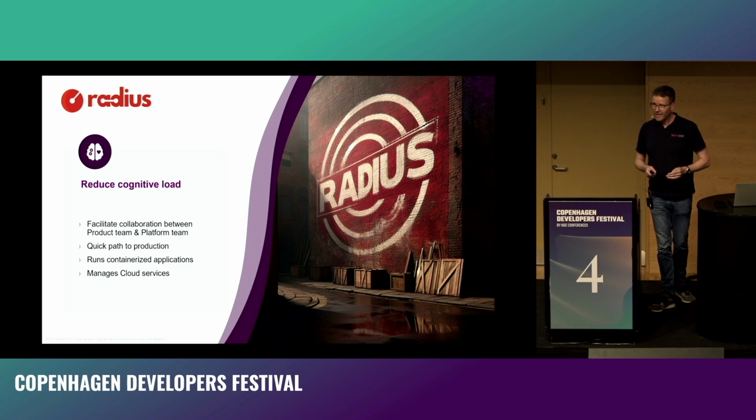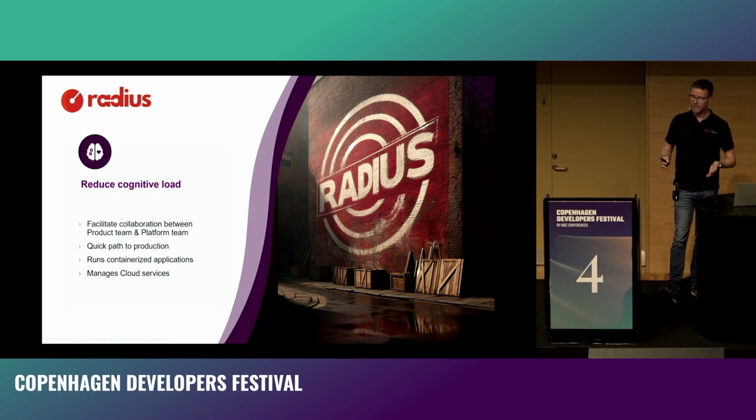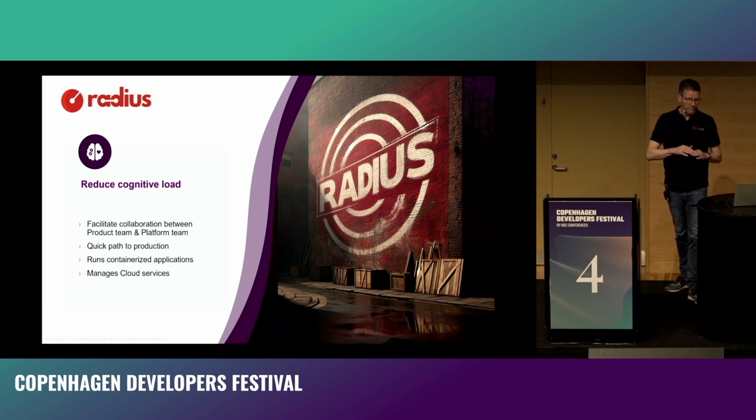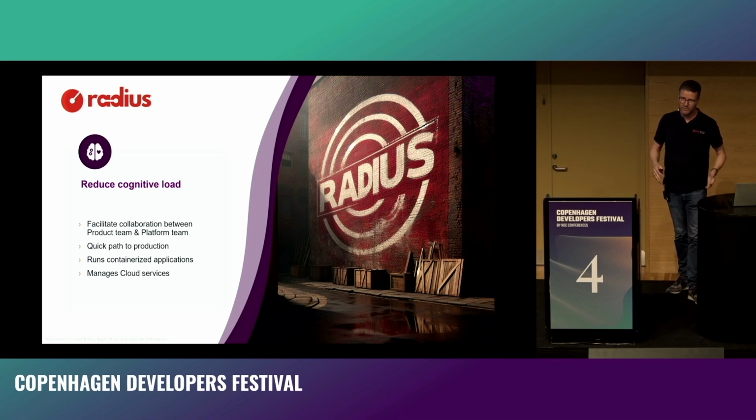Radius' intent is to reduce the cognitive load for product teams. So if you are building software, you don't want to be bothered with too much operational and infrastructure stuff. Radius can truly help you here. It does that by facilitating collaboration. So it has features for operations perspectives, it has features for development perspectives.